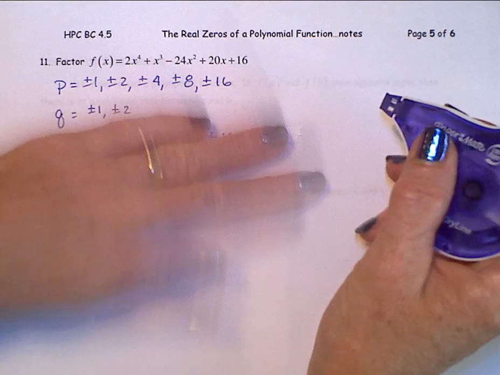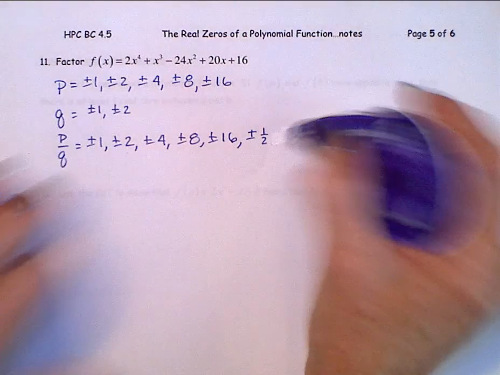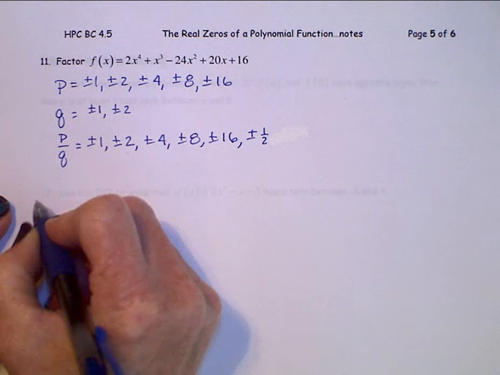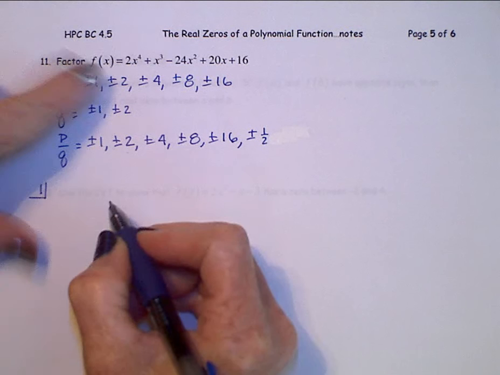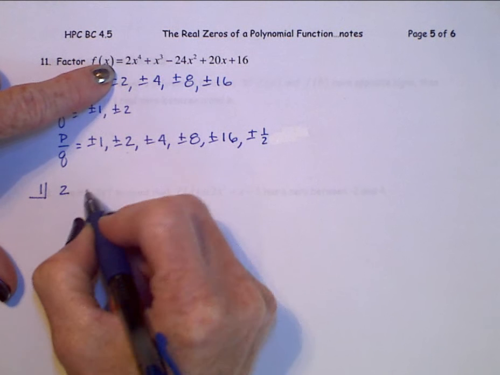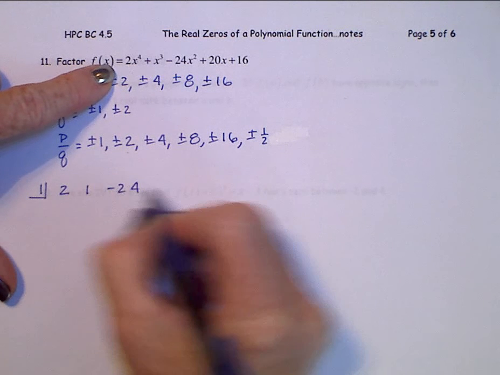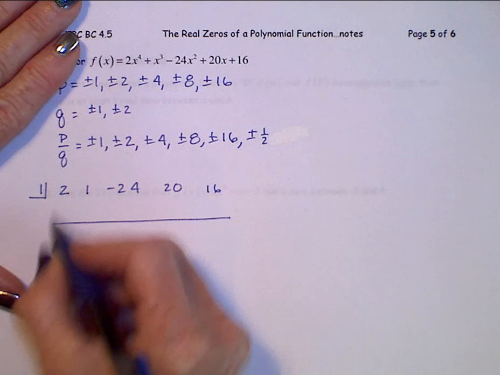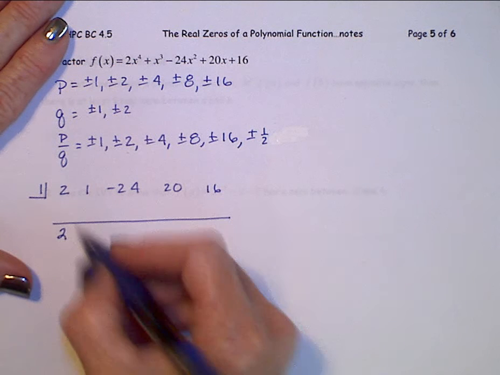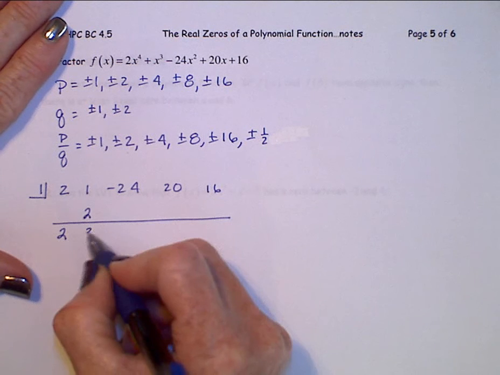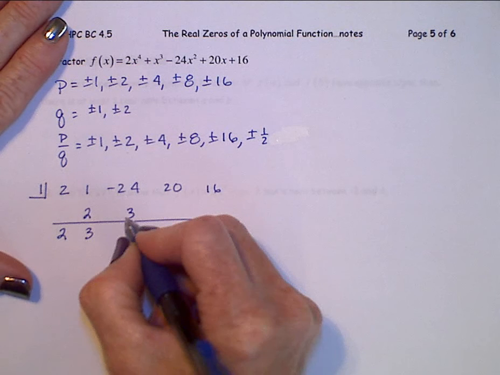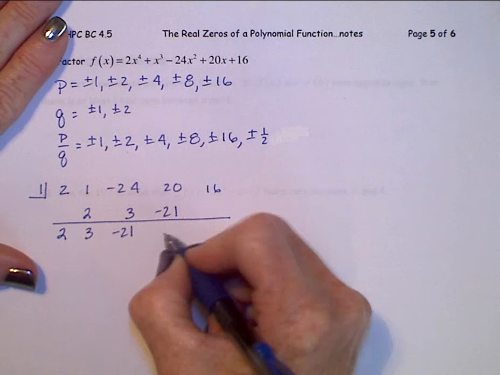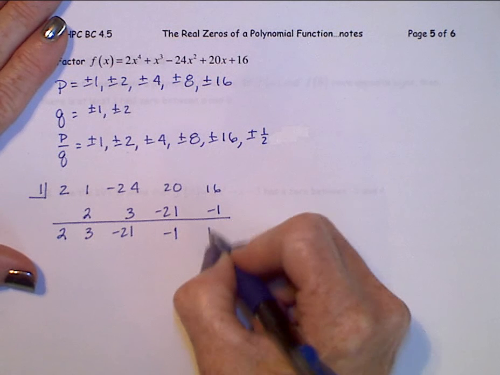All right, now let's just start running through here, and let's start at 1. I'm putting a 1 into here: 2, 1, negative 24, 20, 16. Synthetic division: bring the 2 down, multiply, that's 2, add, 3, multiply, 3, add, negative 21, multiply, add, multiply, 15, remainder 15.